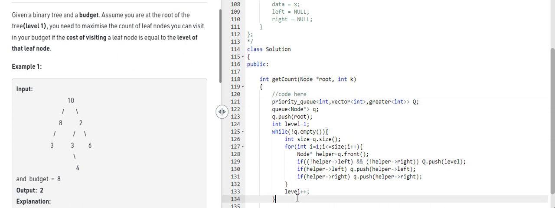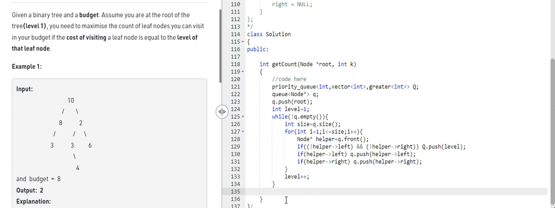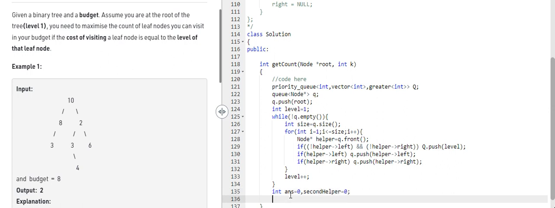So we have to use one loop for how many nodes we have to take. Here we take two variables, the first one is answer and the second one is second helper, which is 0.